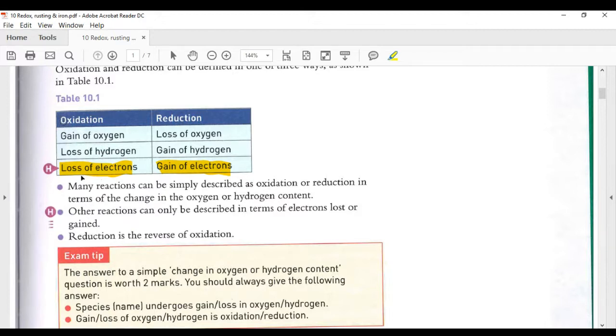So oxidation is loss, and reduction is gain of electrons. Now, if you look at the notes, I have LEO GER as a mnemonic to help. So LEO is lose electrons, oxidation, and GER is gain electrons, reduction. However you remember it, try and remember it. It does get confusing, even for me who's been doing it for many years. Okay, so we're going to go to the notes now.